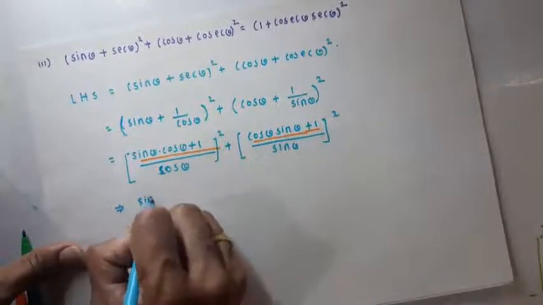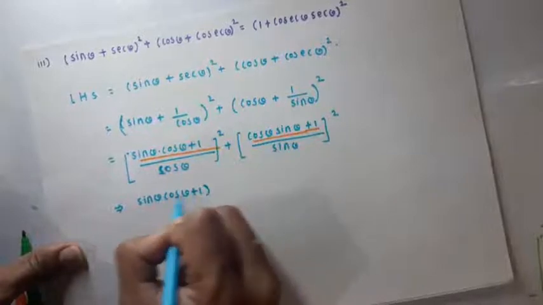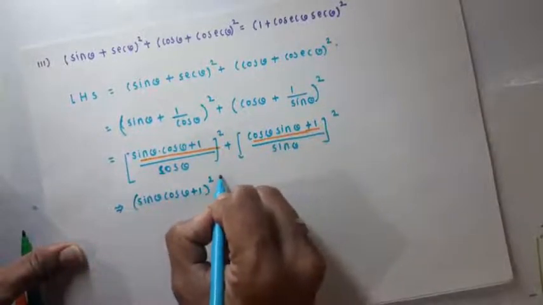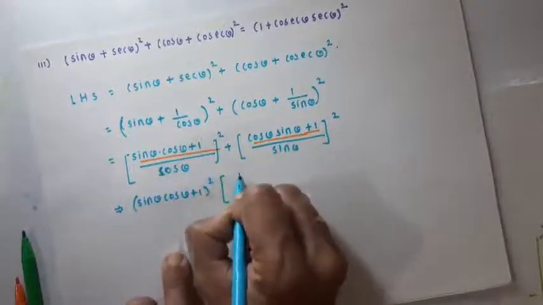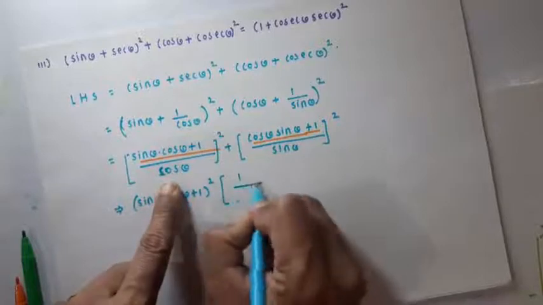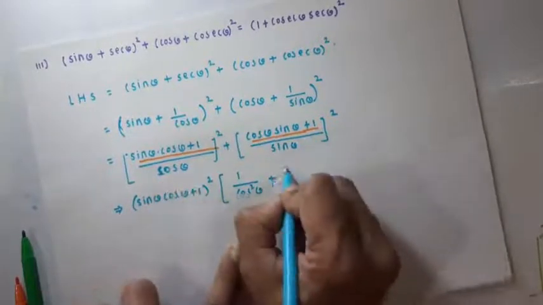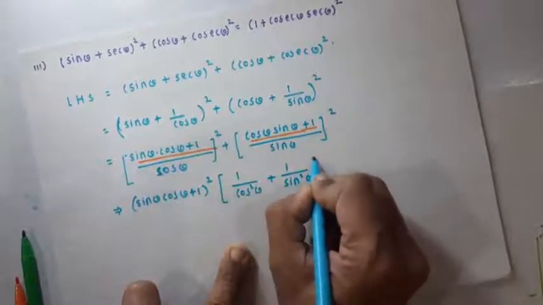So that is (sin theta cos theta plus 1) whole square into another bracket. The term will be 1 upon the square of cos theta, that is cos square theta, plus 1 upon sin square theta.